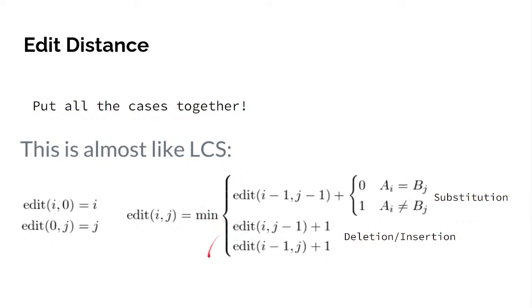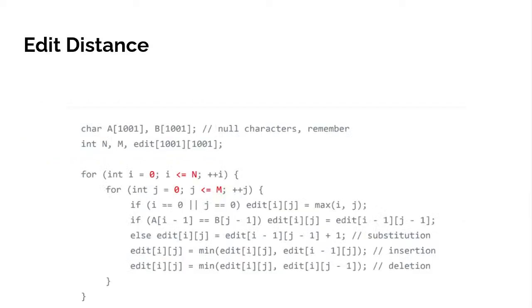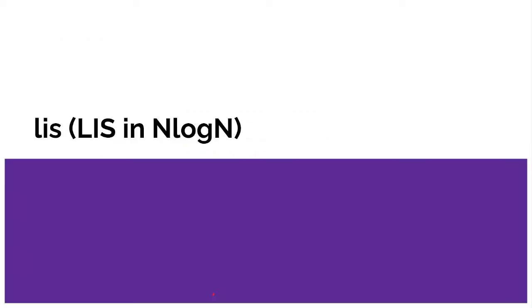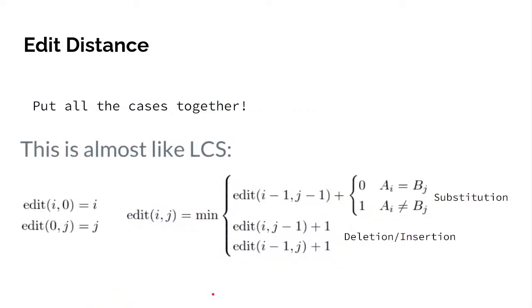It's the minimum of all this because we want the minimum amount of substitutions, additions, and deletions. So yes, this is the code.